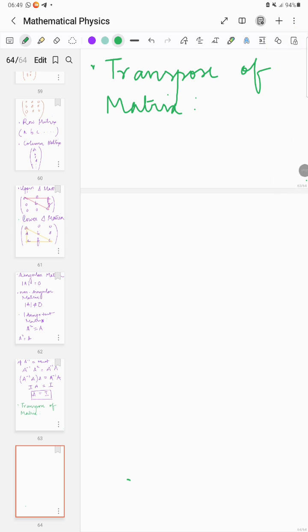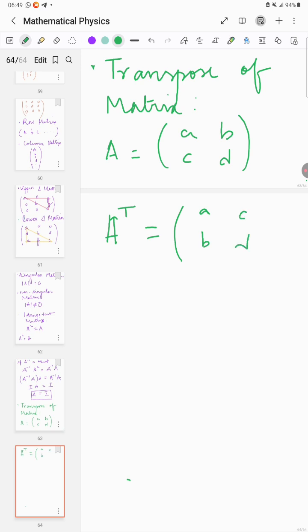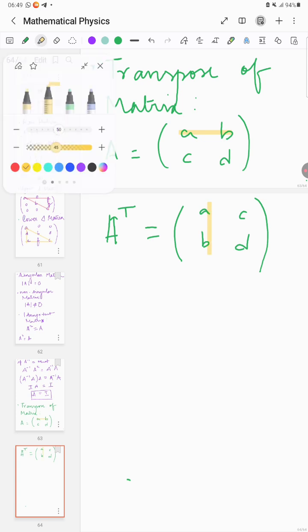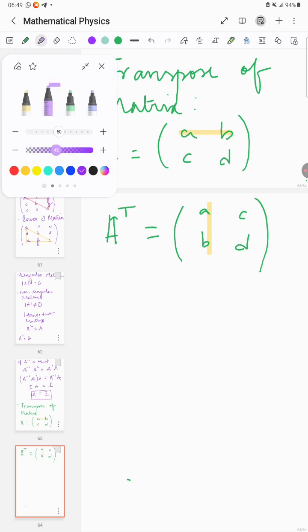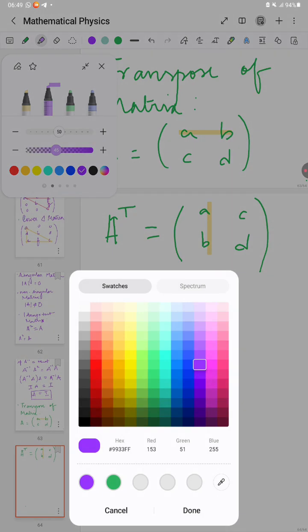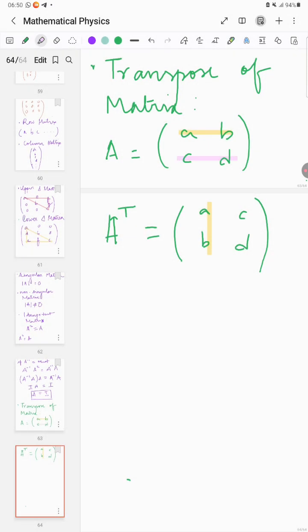For example, if A is a matrix which is A, B, C and D, then A transpose, which is represented as A with a T in the superscript, is equal to A, C, B, D. So basically, as you can see, the first row changes to first column and the second row changes to second column.